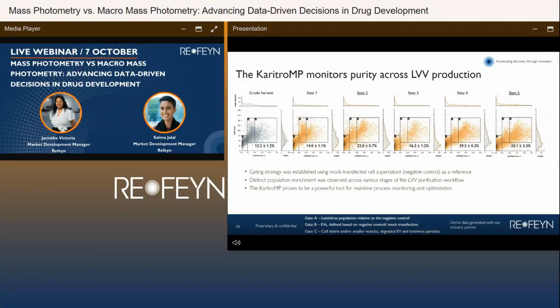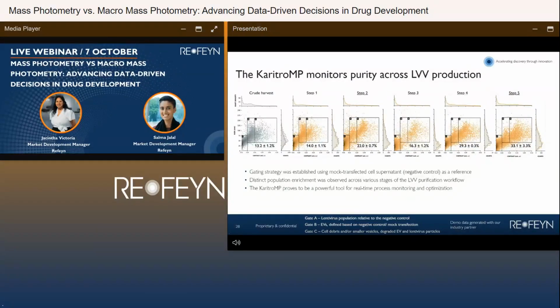One thing I want to highlight here is the gating strategy used. If you recall from the adenovirus, we had the lower box, which identified fragments and proteins, and then two boxes of the same size, which were much more stringent, which showed you the empty versus full.